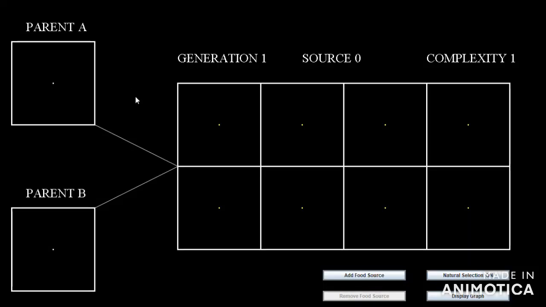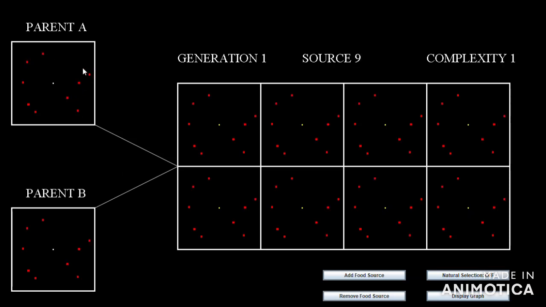Example 2. Complex test case, 13 points. In this test case, the organisms have to optimize over 13 different energy sources. Let us wait and see if the organisms get adapted to their environment.